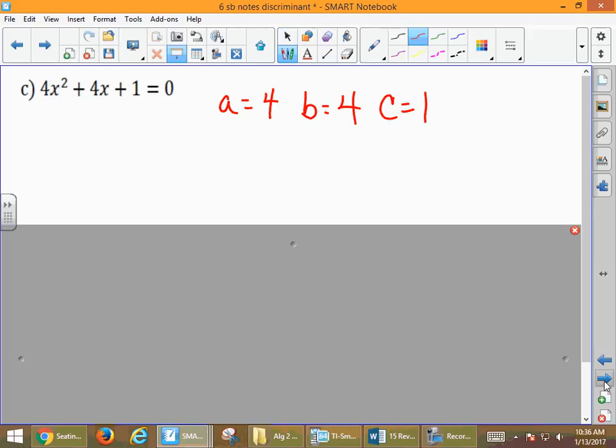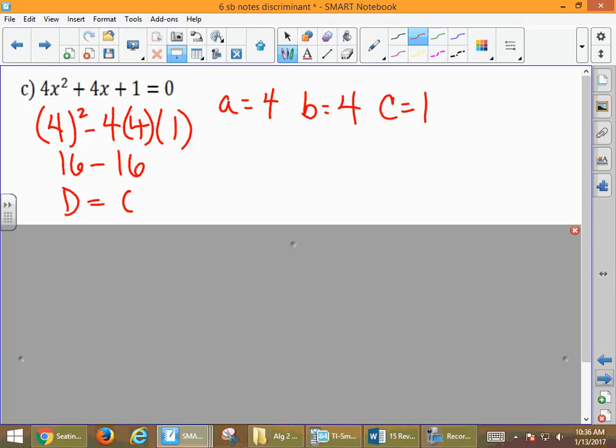So it's going to be 4 squared minus 4 times A times C. And when we figure this out, 4 squared is 16 minus 16 means that our discriminant equals 0.